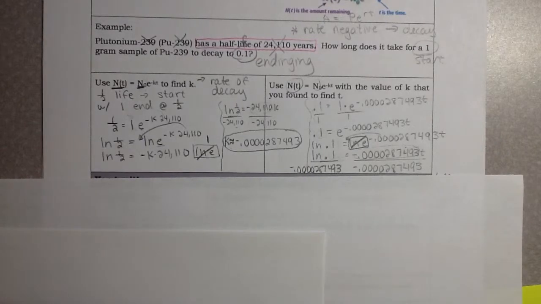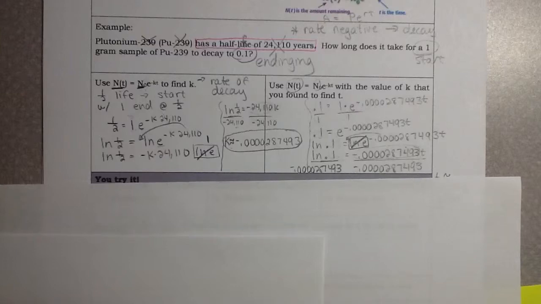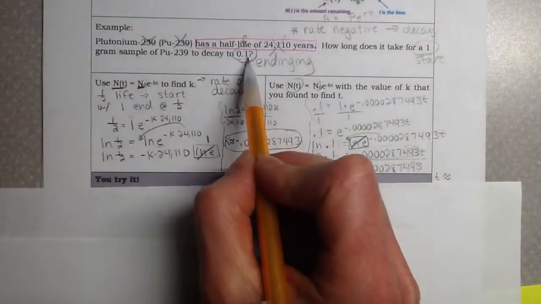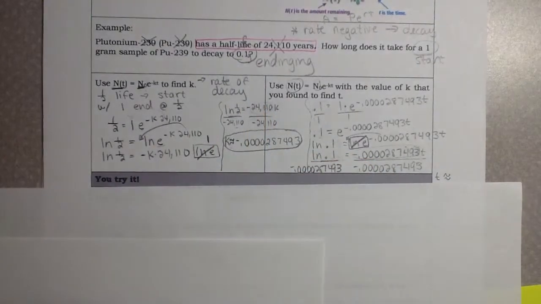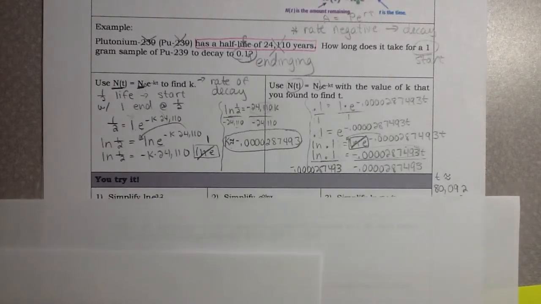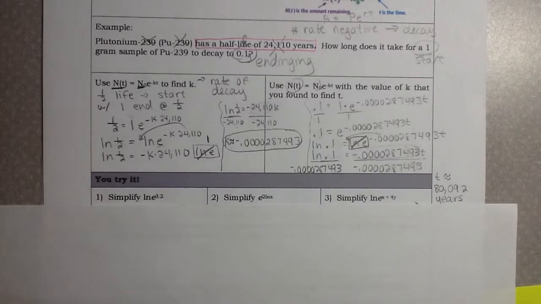And when I do, I'll find out how long it's going to take that sample of 1 gram to decay to 0.1 gram. So the time that it's going to take is going to be over 80,000 years. Okay, there are a few questions for you to try.